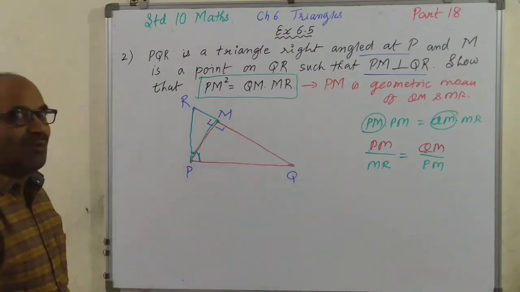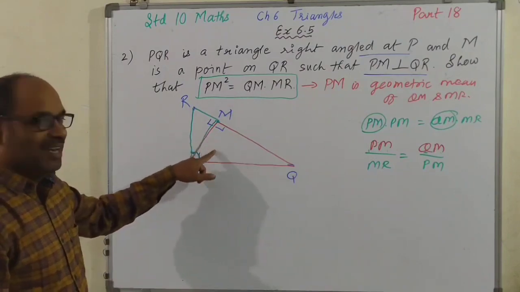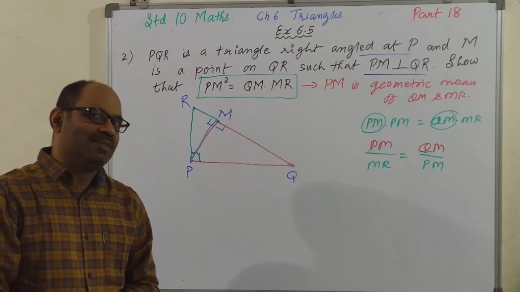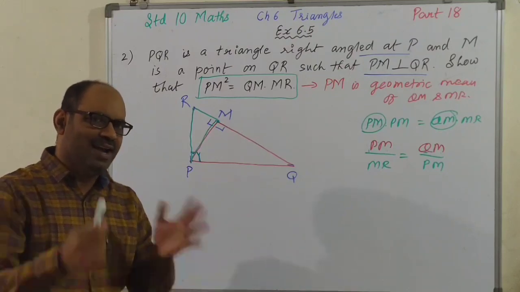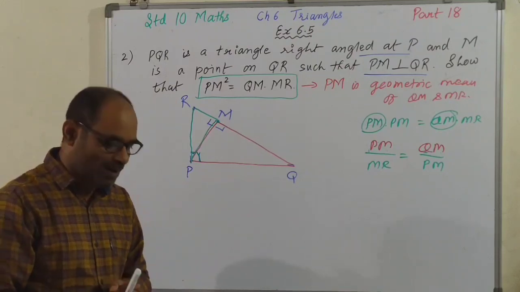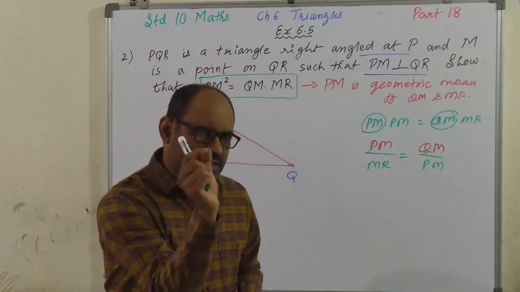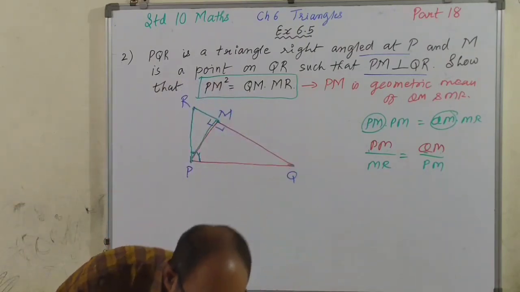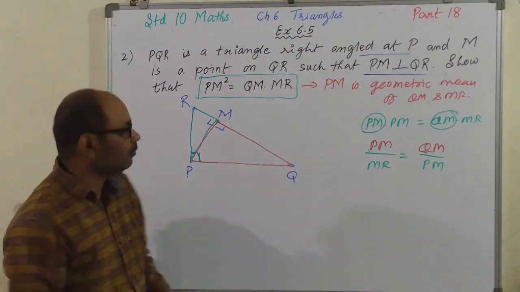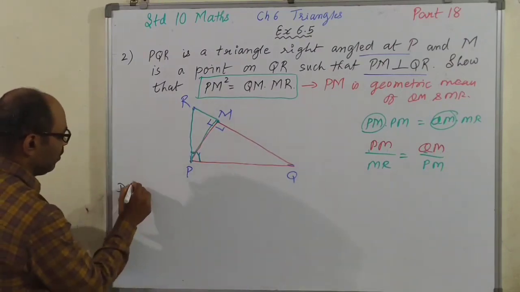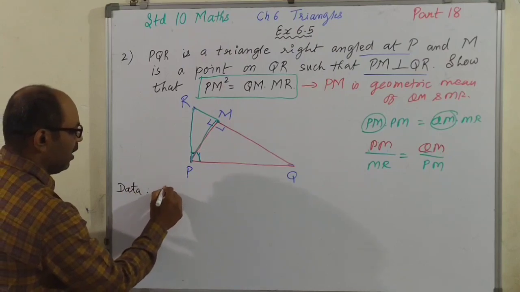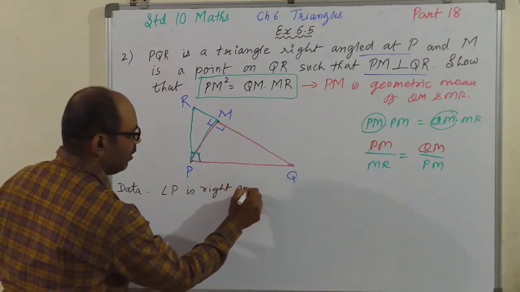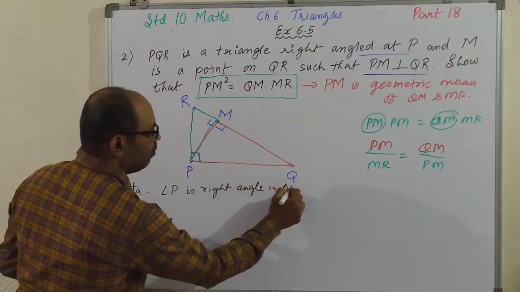So what do we have to show? The red triangle is similar to the green one, which is already there by theorem 6.6. You would have to write the correspondence directly, but that will be slightly tough. I'll show you a trick. I'll start with the data. What is the data? Angle P is a right angle in triangle PQR.